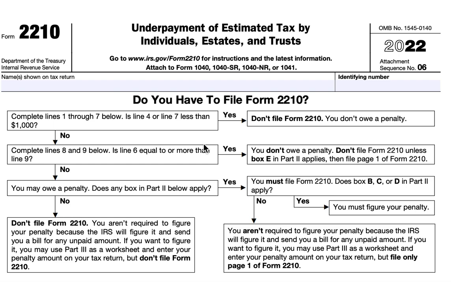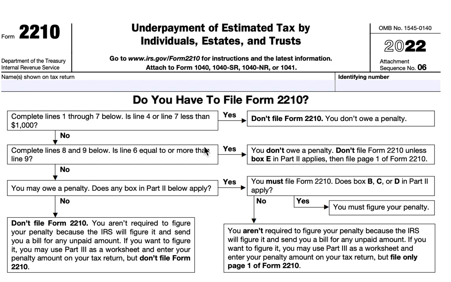If line 4 or line 7 is less than $1,000, then you don't have to file the form. That would be your estimated tax or your outstanding tax bill. If you owe $1,000 or less when it comes to your tax bill, you don't owe an underpayment penalty.